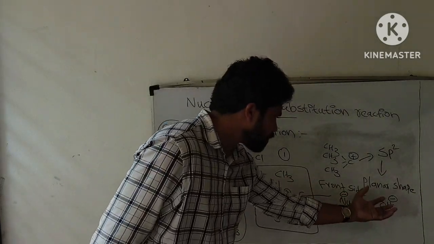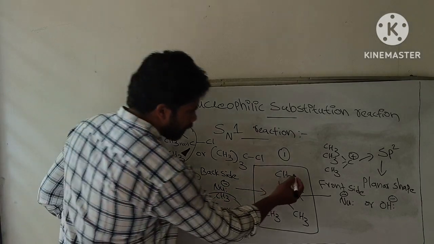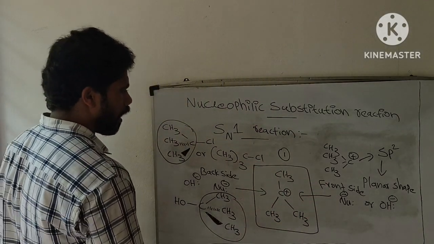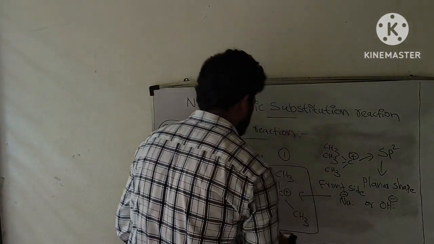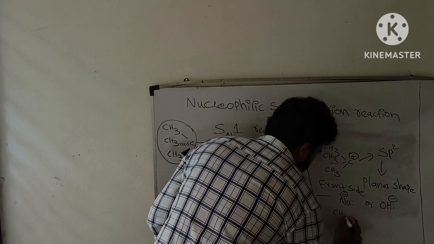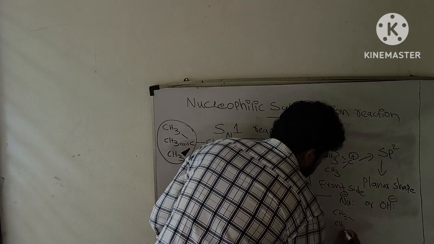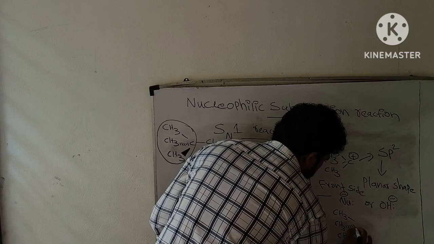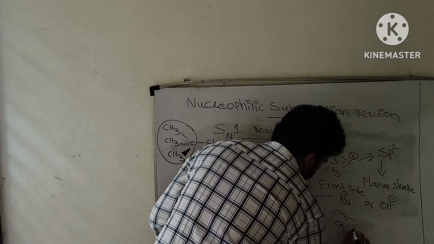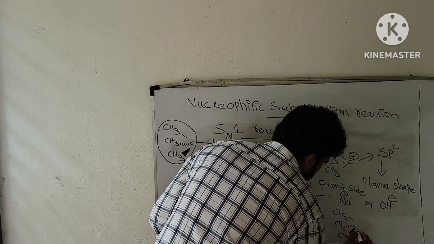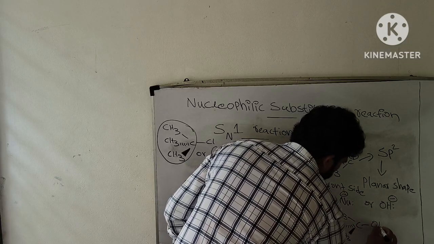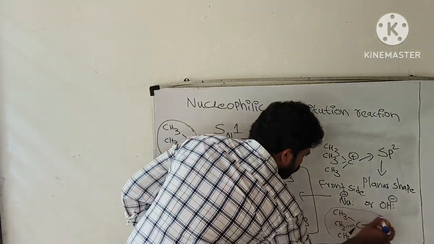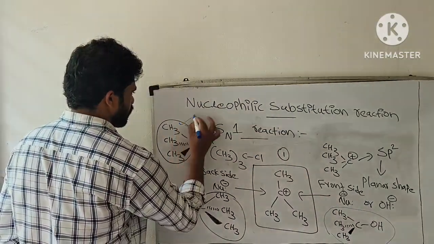So once the nucleophile is attacking this tertiary butyl carbocation from the front side, what will be the product? The product will be CH3, CH3, CH3, COH.